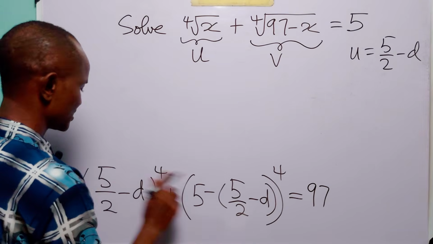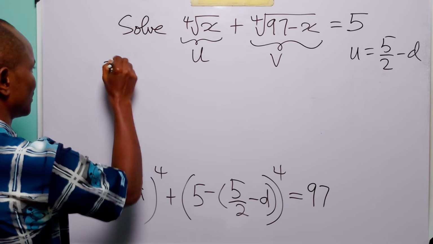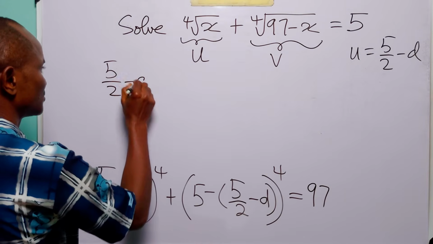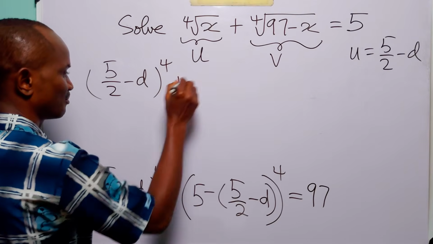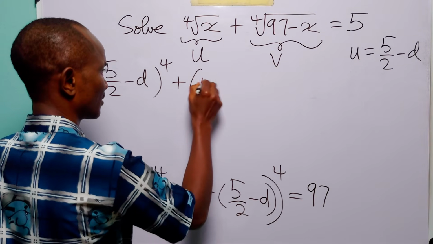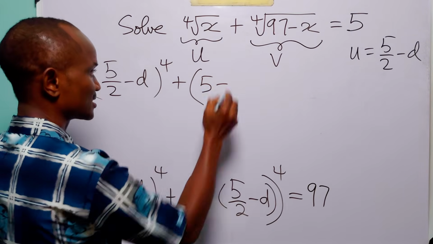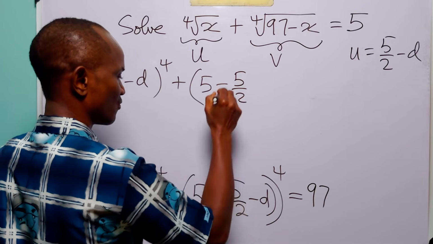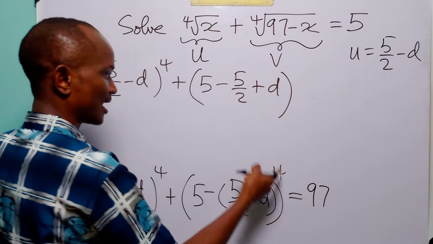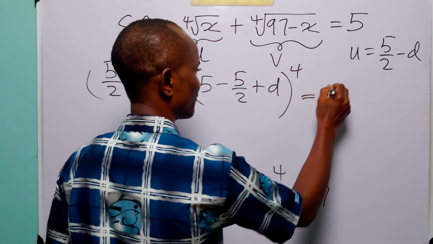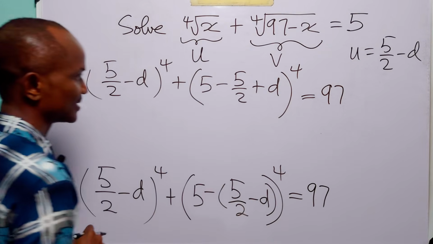And simplifying this equation, we have 5 over 2 minus d raised to power 4 plus 5 minus 5 over 2 plus d, and of course, this is raised to power 4 and everything is equal to 97.